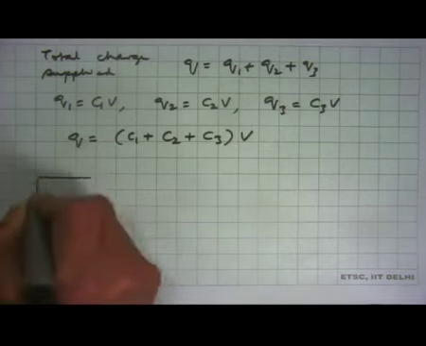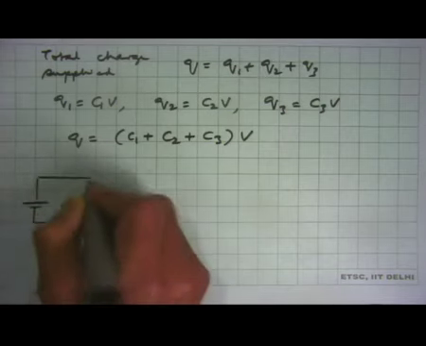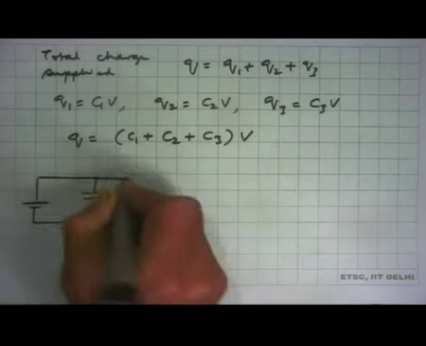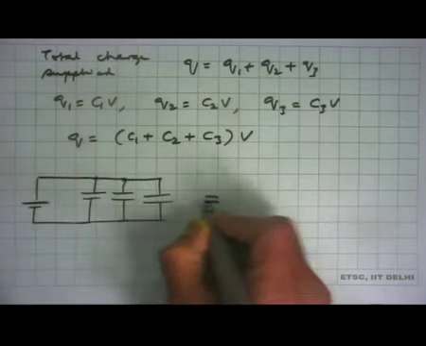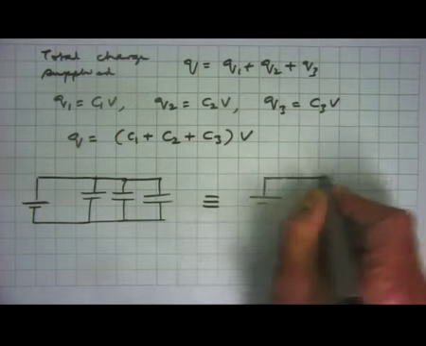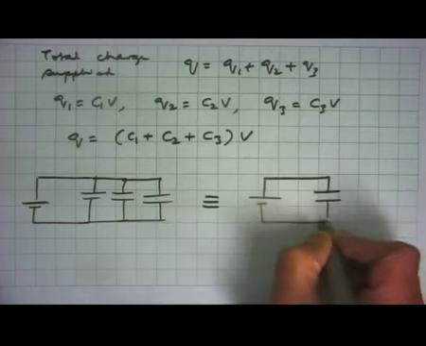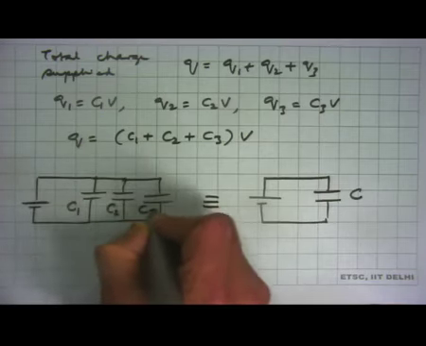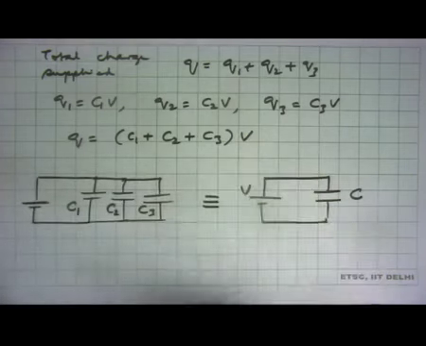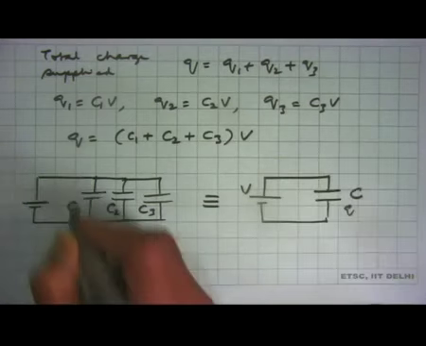So, now as before, if I want to replace the three parallel capacitors by a single capacitor. So, I have the three capacitors here. So, I want to make it equivalent to a single capacitance C. So, this is C1, C2, C3, V is the potential difference, q is the charge supplied by the battery.